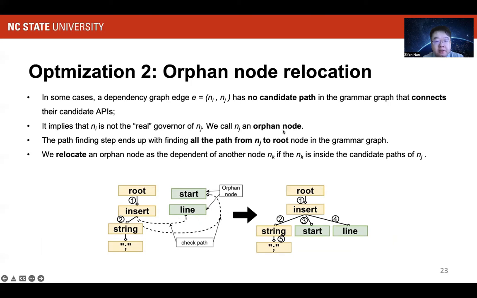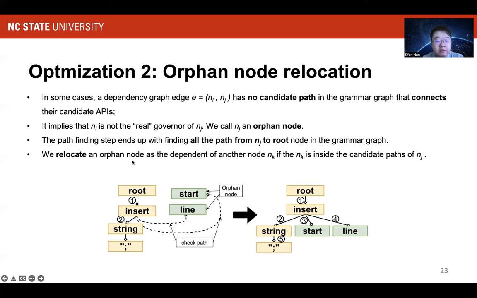So the dependent is then called the orphan node. And then when we do the path finding, it ends up finding all the paths from the orphan node to the root node in the grammar graph, which will end up with a lot of path candidates.